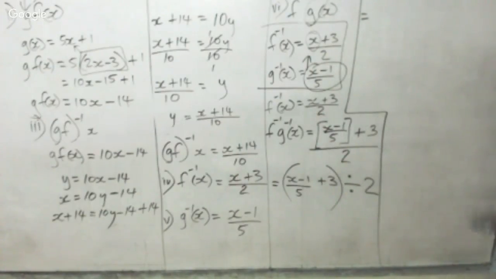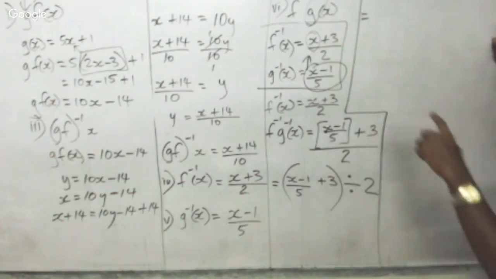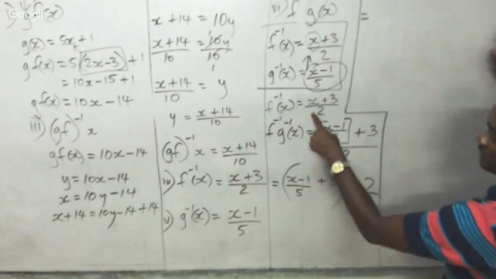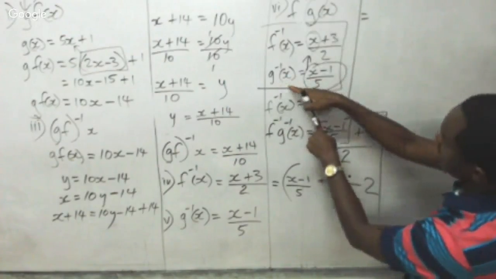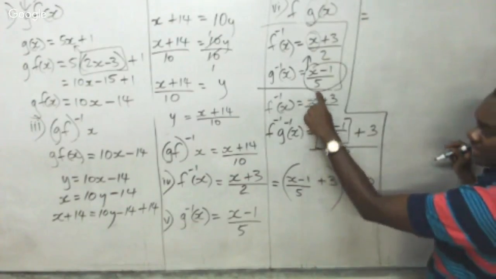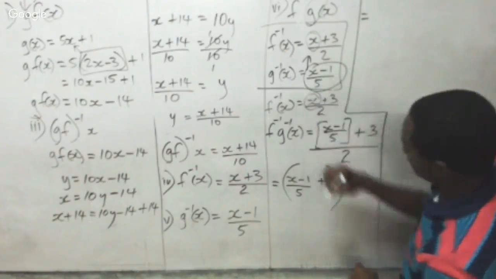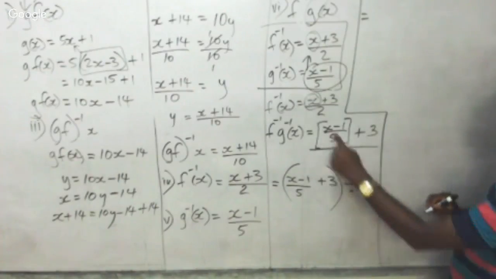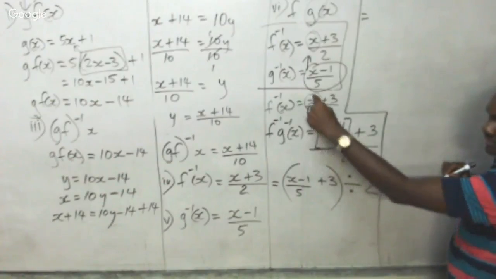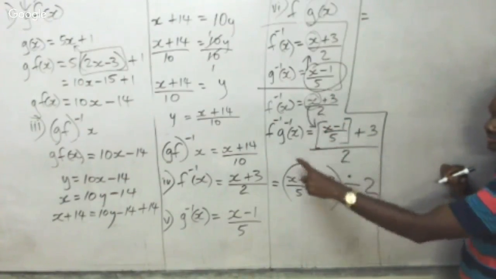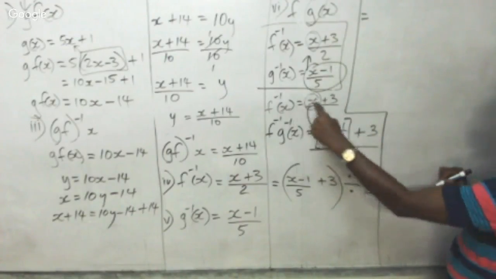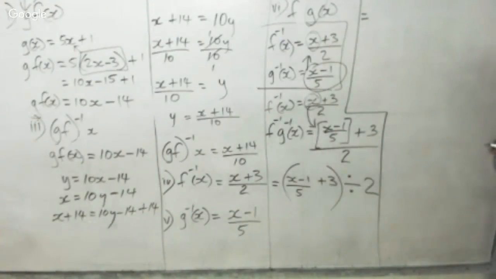So F inverse is that, and we're going to put the entire G inverse into the F inverse. So anywhere X is, that is where we're going to make our substitution. So instead of X, we put X minus 1 out of 3. Anywhere X is, that's where the G inverse will go. So this is G inverse, and you're putting it into F inverse, where X is.